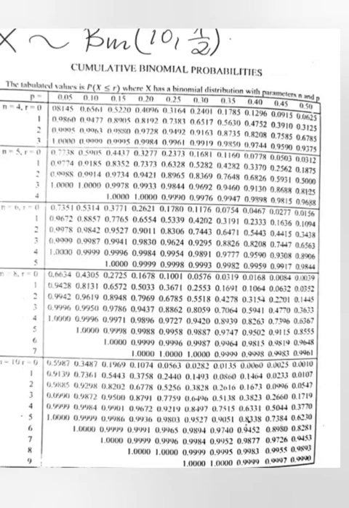The table has tabulated values of P of X less than or equal to r. So r here is like the lowercase x that we use to denote the value that the random variable can take, where X has a binomial distribution with parameters n and p. So on this upper row, we have values of p, the probability of success. And you can see they start from 0.05 up to 0.5.